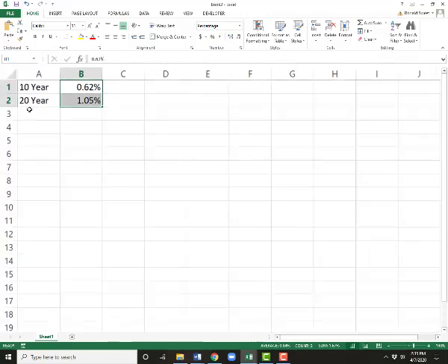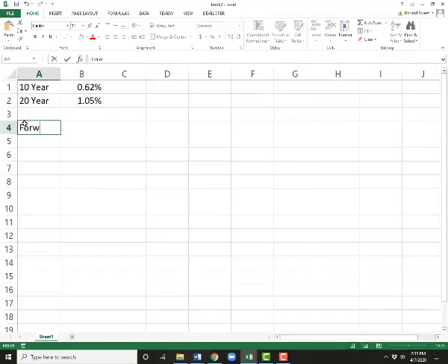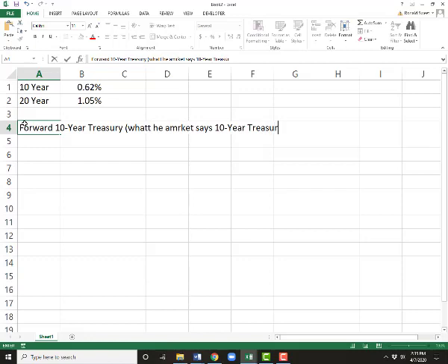Then essentially what we're saying is the forward 10-year treasury, that is, what the market says 10-year Treasury yields will be in 10 years. I can calculate that.